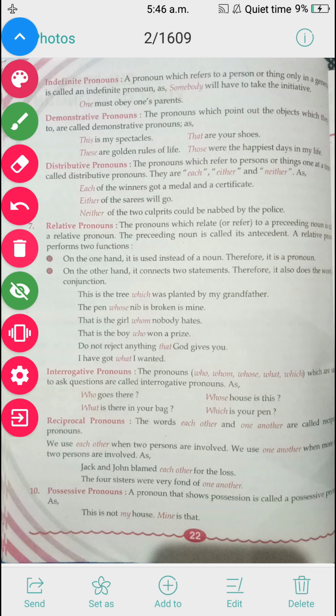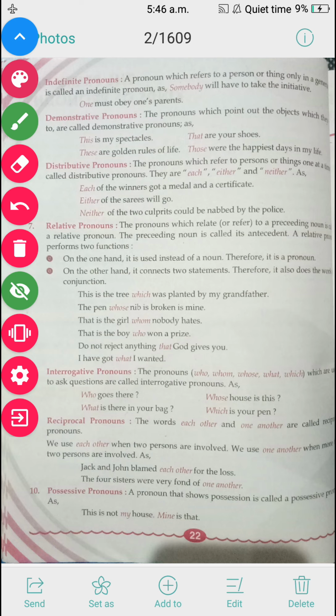Okay, so these are demonstrative. The pronouns which point out the objects which they refer to are called demonstrative pronouns, as I have already told you.